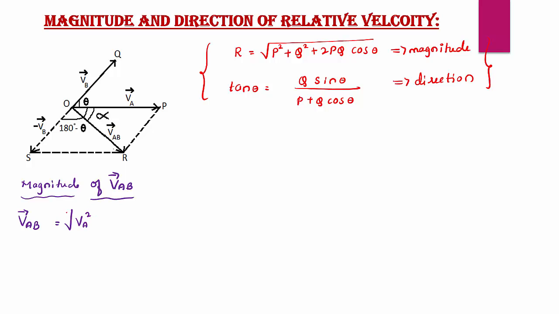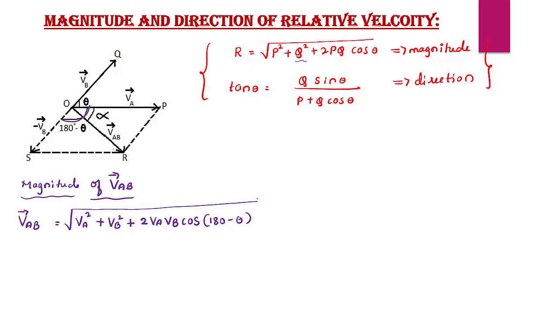Don't write the arrow mark because we want only magnitude here. VA square plus, in place of q square we can write VB square, plus 2PQ. PQ means VA VB cos of theta. Theta is the angle between VA and minus VB, so we can take cos of 180 minus theta.